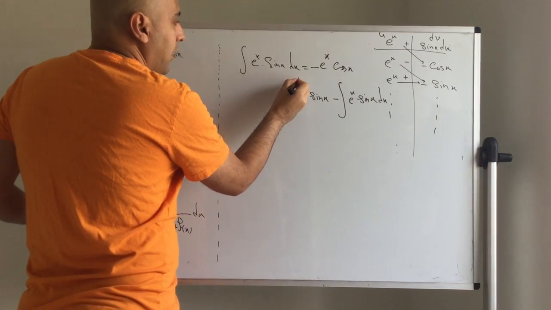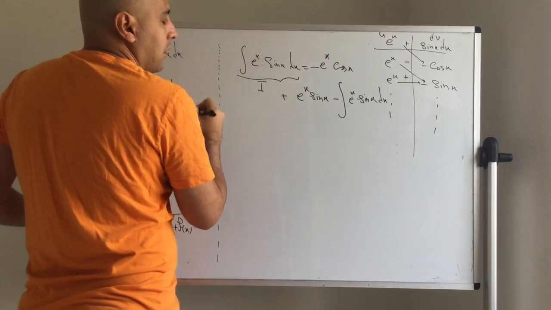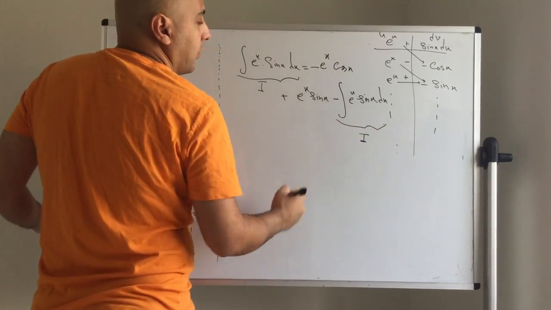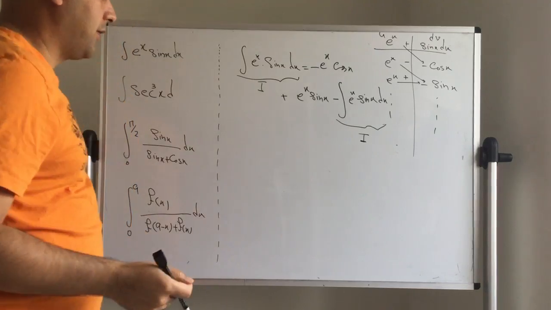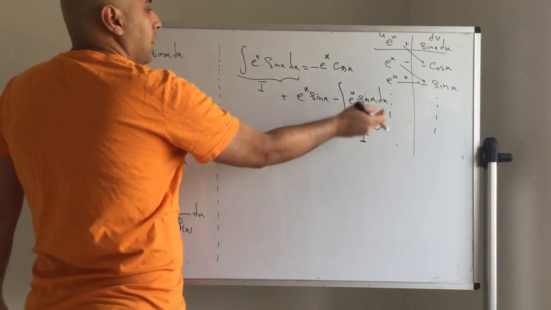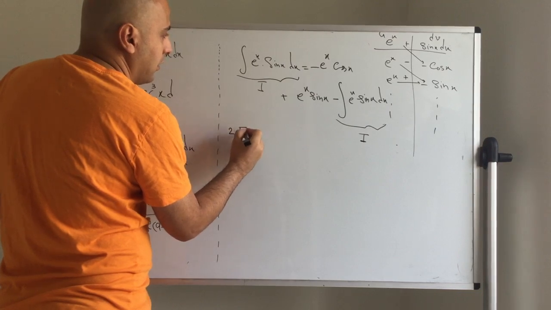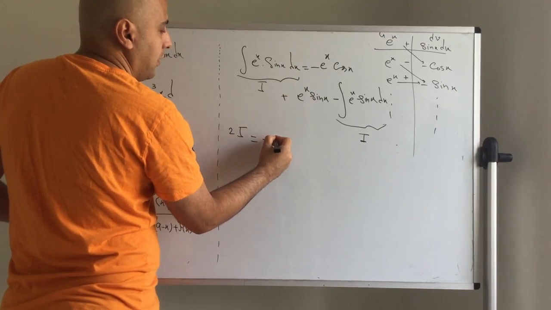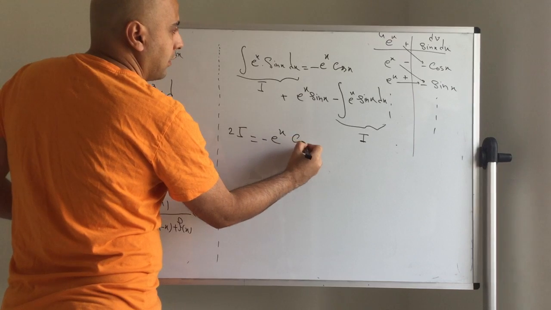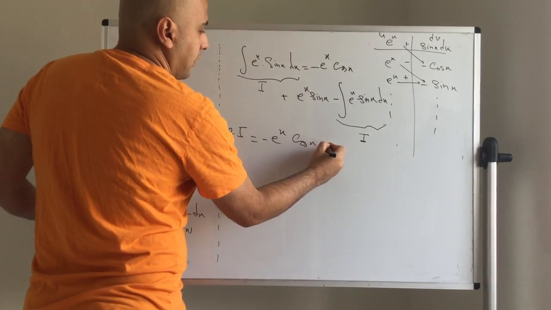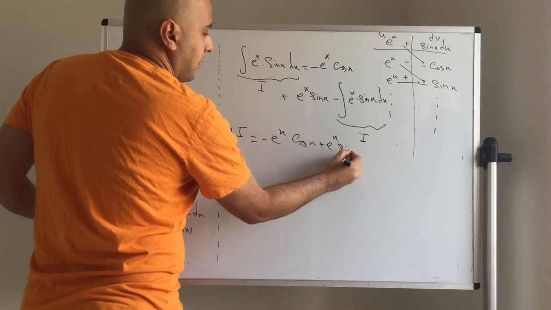If I name it I, you will see on the right side I have another I, but with the negative sign. So I can bring it to the left side. So I will have 2I equals minus e power x cosine x plus e power x sine x.